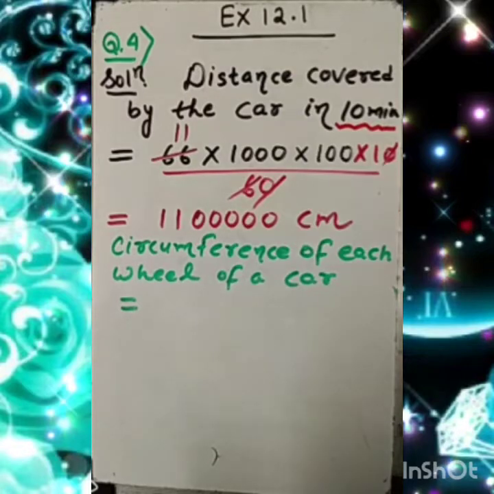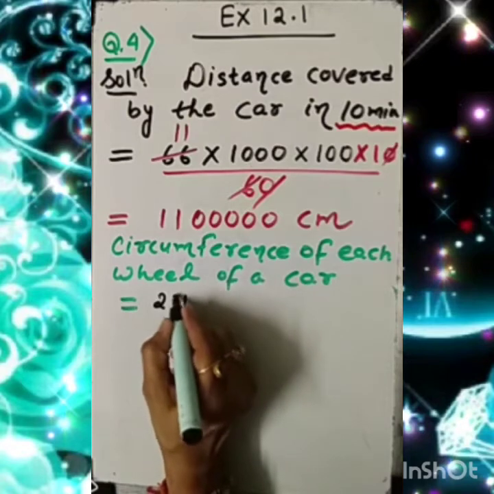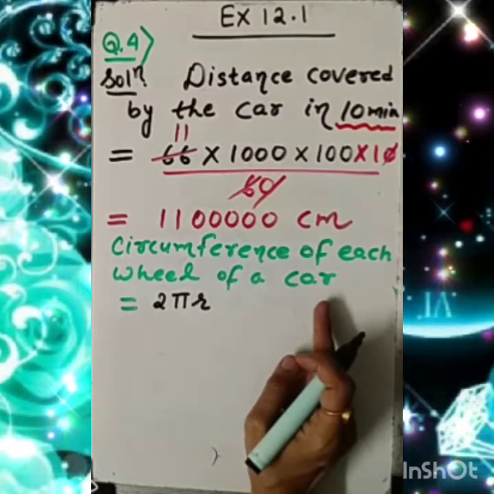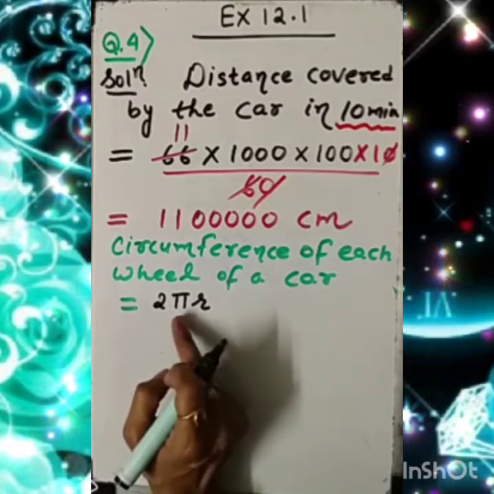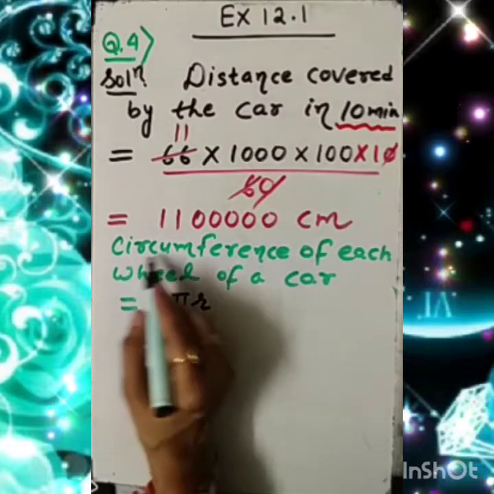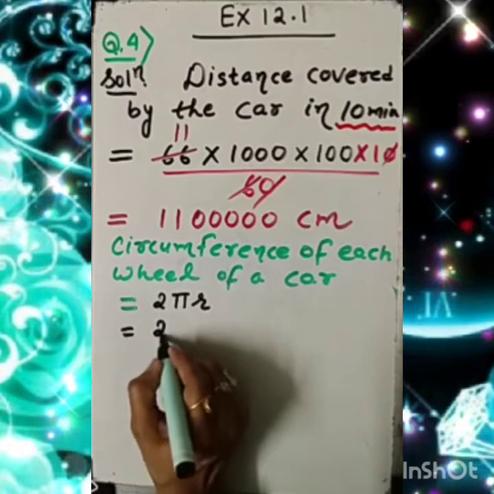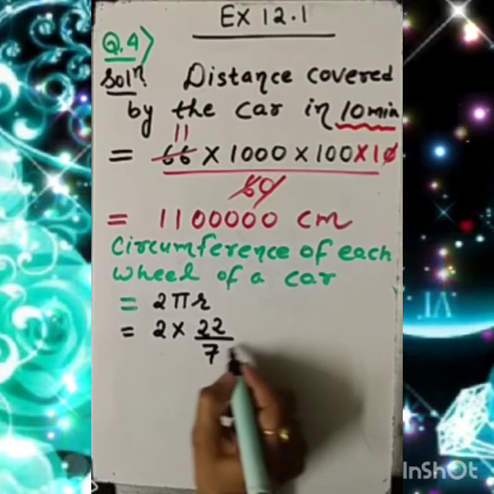So why are we using each wheel? Because the distance covered by the circumference is converted into length, and it is calculated by 2 pi r. Circumference formula is 2 pi r. Now dear student, we know the well known value of pi, 22 by 7.